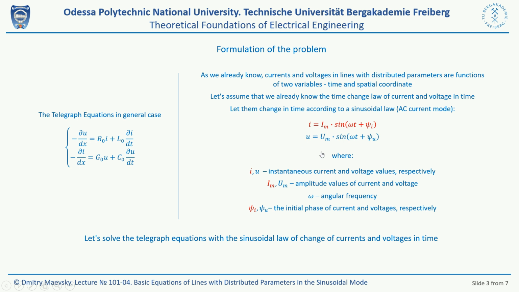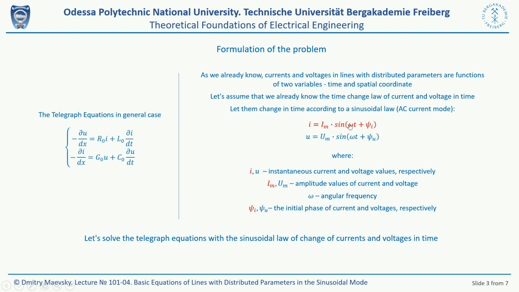Let's remember the previous lectures. In these equations, the letters i and u in small case denote the instantaneous values of current and voltage. But the capital letters I and U with the index m define the amplitude or maximum values of the sinusoid.